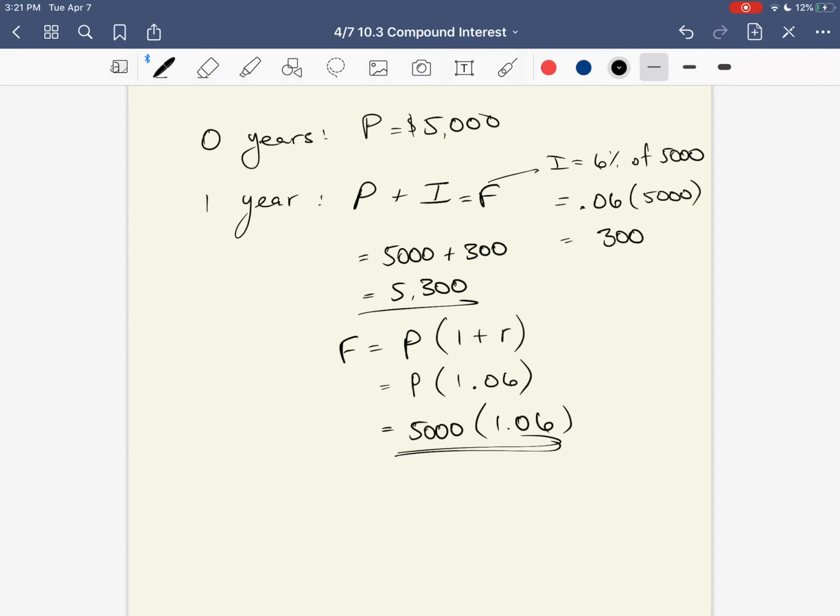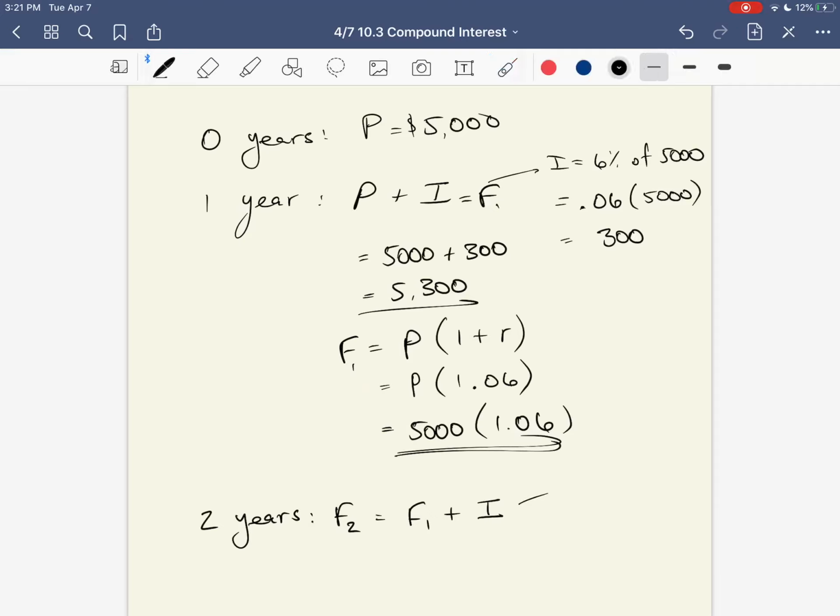So now the next year comes around. And after 2 years, let's call it F2. Let's call this one F1. What are you going to have? Well, you're going to have the amount of money that you had after 1 year plus the interest that you accumulate on that first year's money.